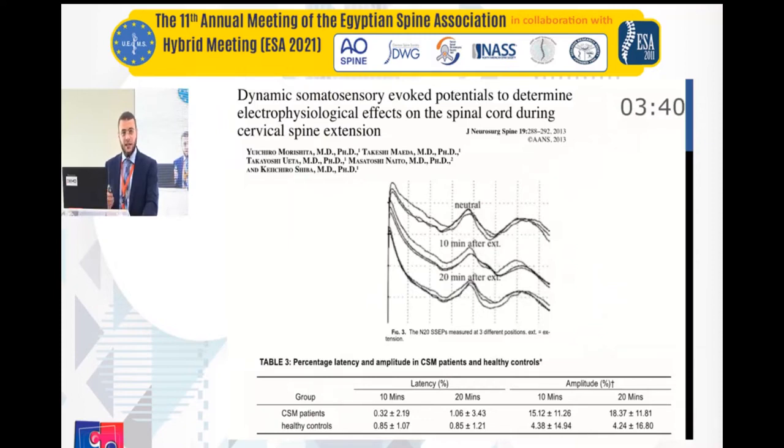In this study, they brought in volunteers with normal patients and cervical myelopathy patients, and they extended their necks for 10 minutes and then 20 minutes, and they found that the waves markedly decreased while they extended their necks for some time.